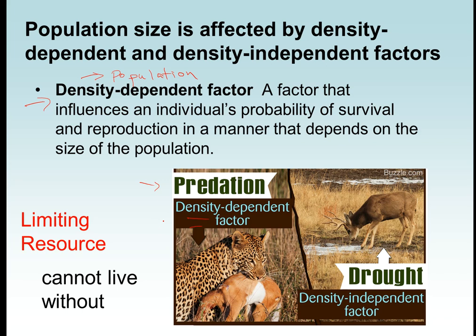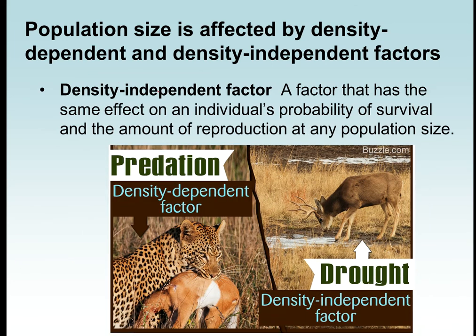There are always limiting resources, and the higher the population goes, the more resources you need within that ecology to support the increased numbers of individuals. These are limiting resources generally that individuals within the population cannot live without. And as the numbers go up, the limits begin to kick in.